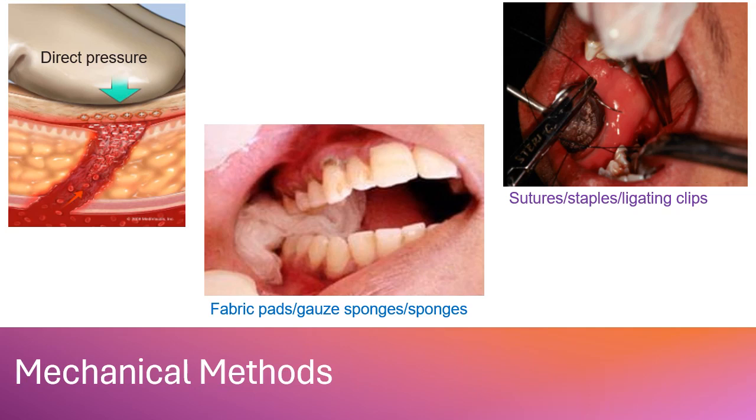And moreover, the compression or other mechanical methods may not always be appropriate in such cases of extreme bleeding, and there are always sutures, staples, or ligating clips to achieve hemostasis.